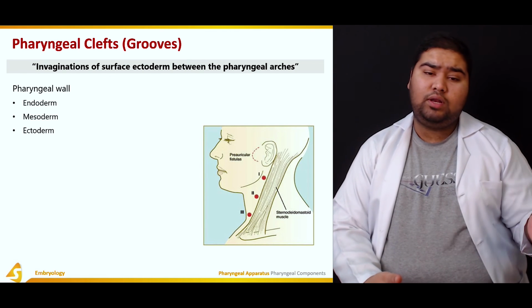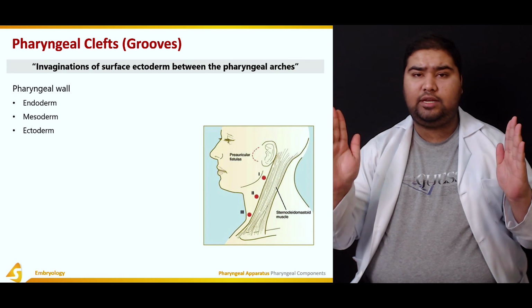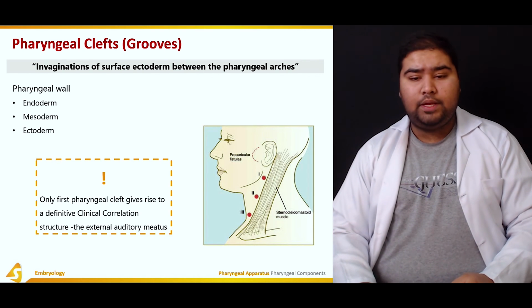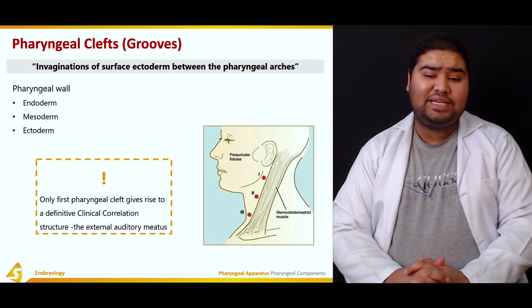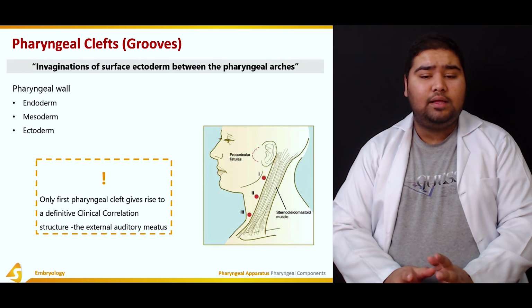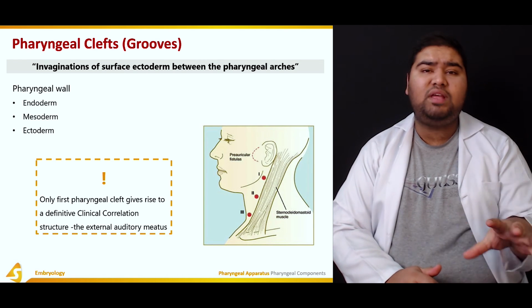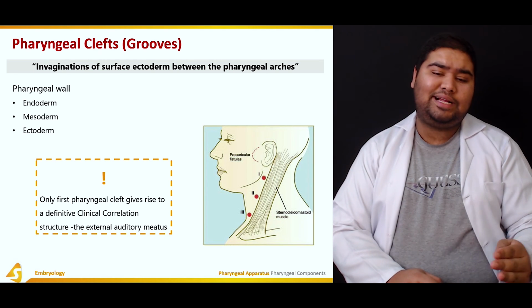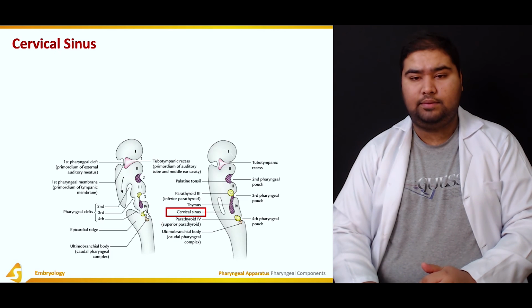The outer wall is ectoderm, the inner wall is endoderm, and in between there is a layer of mesoderm. The first pharyngeal cleft is the only one that gives rise to an adult structure, the external auditory meatus.